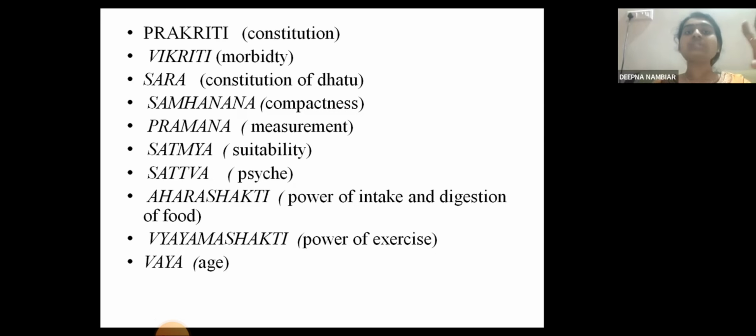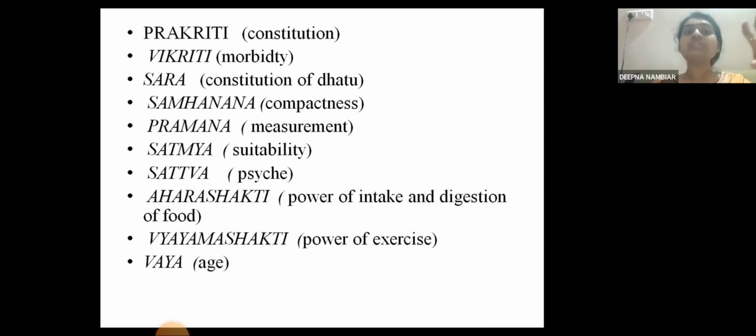Then Pramana is the measurements, different types of measurements of our body, and also the Angula pramanas, as we all know, and the pramanas of different dhatus, everything explained in Sharira Sthana. We know about the different types of measurements or units that help us understand what our body is and what the normalcy of our body is. This is the Pramana. And Satmya, which are things that are suitable for us.